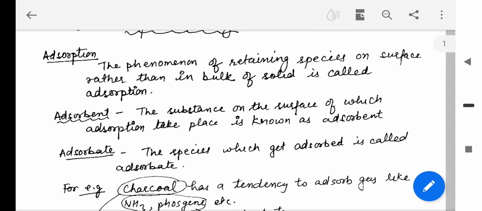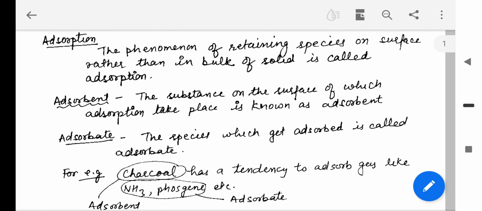So from here we come to know there are two things in the adsorption process. One is called the adsorbent. From the given example, the adsorbent is the charcoal particles. Adsorbent is the surface on which adsorption takes place.